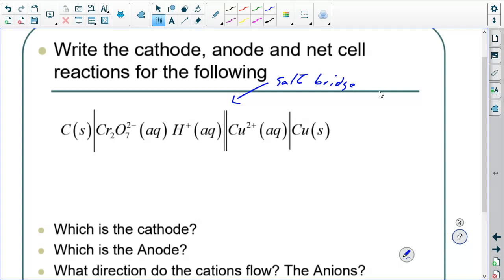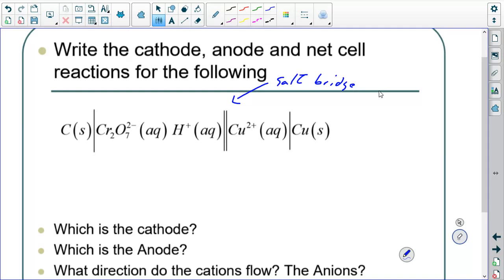These single lines mean just that we've got these electrodes in this solution, or these solutions. So we've got this guy, half cell, 2 beakers. That salt bridge is indicated by that double line, and then I've got my 2 electrodes in there. Okay, this is how we read our cell notation.